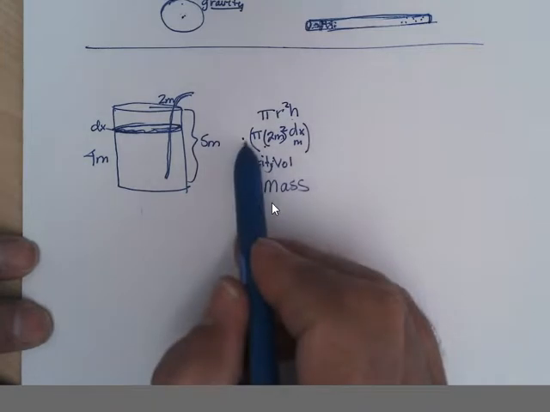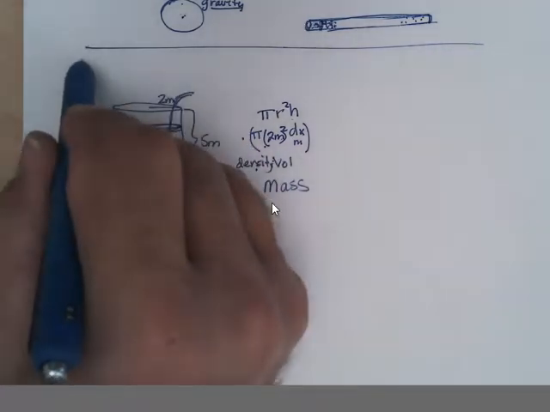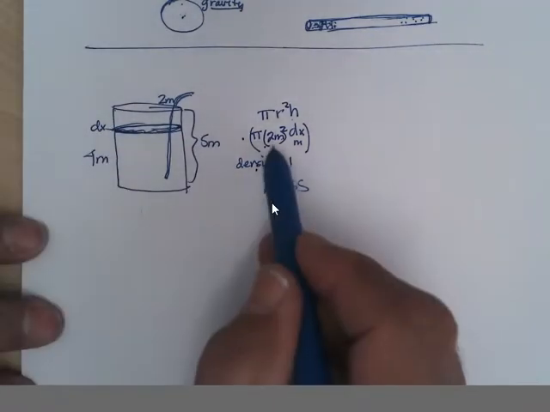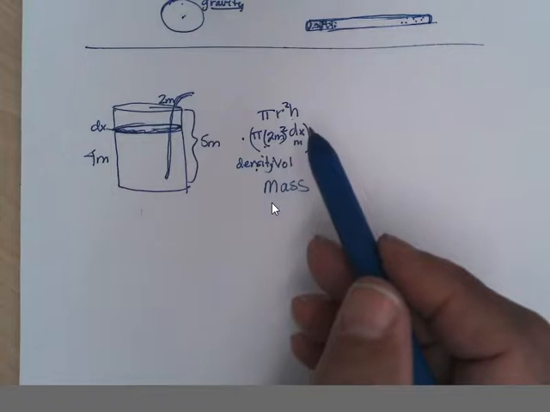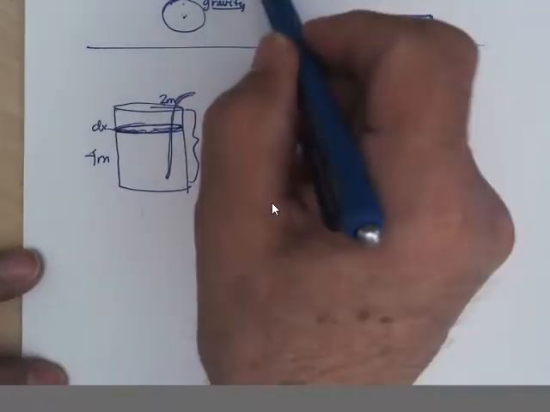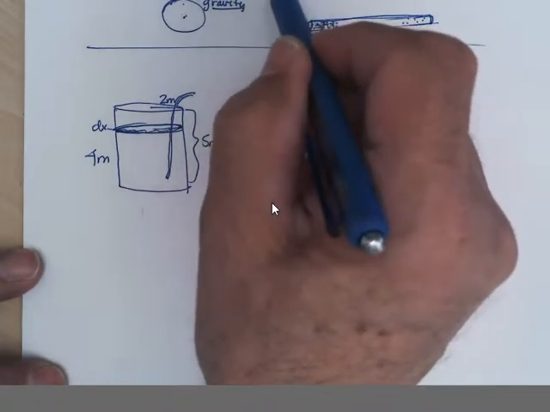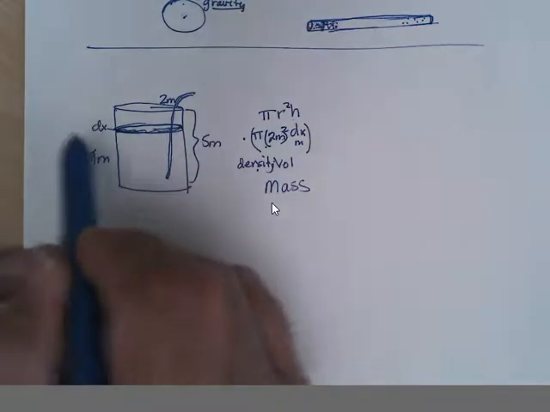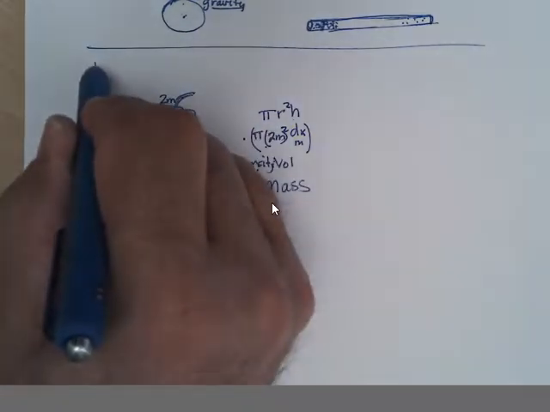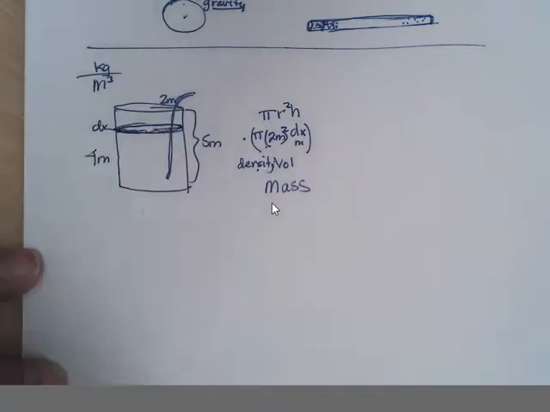So now we have to take the density of water. In the metric system, we usually like to talk, well, density in chemistry, whatever, is mass per cubic centimeter, per milliliter. But in these kinds of problems, we want to deal with a bigger unit, so we're going to have mass, kilograms per meter cubed.